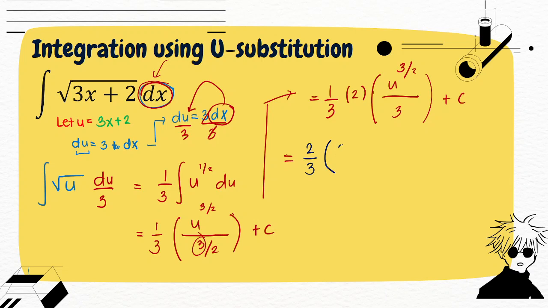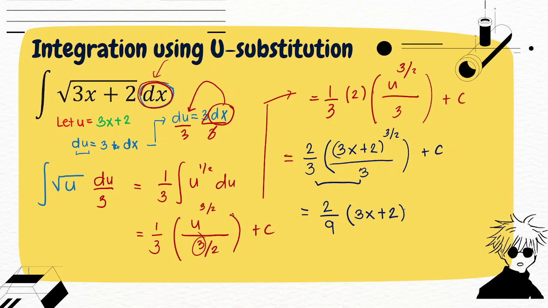Balik na natin si u, 3x plus 2 raised to 3 over 2 over 3, plus c. So, 3 times 3, 9. So, basically, the answer is 2 over 9 multiply to 3x plus 2 raised to 3 over 2, plus c.